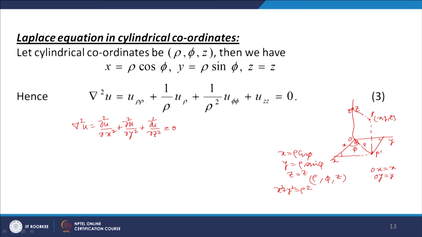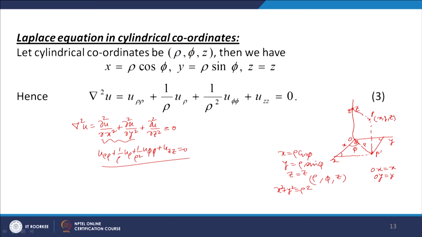So instead of r, theta, now here we have rho and phi, so for this part we get u_rho rho plus 1 by rho u_rho plus 1 by rho squared u_phi phi, and z does not change, z remains the same, so we get u_zz equal to 0. So this is the Laplace equation in cylindrical polar coordinates.